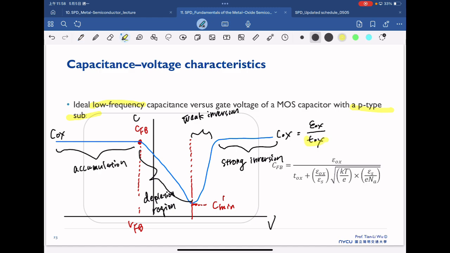which is very important because in the real fabrication, you probably will try to set the target of our oxide thickness as, for example, 10 nanometer, but you don't know whether it is really 10 nanometer or not. Of course, you can use some material analysis like the SEM, but actually it's very expensive and time consuming.